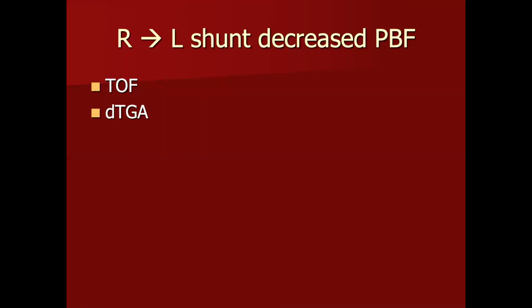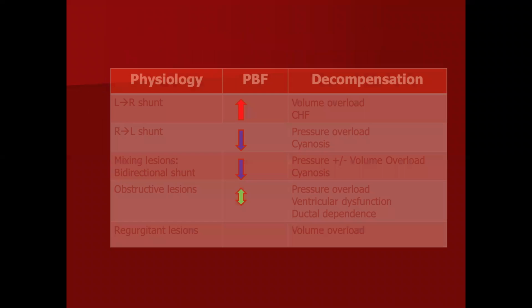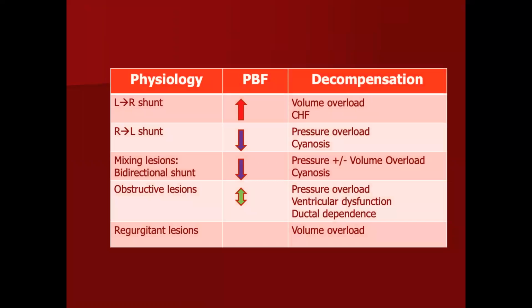Again, a simple way to remember is that a number of major cyanotic lesions will start with the letter T. Here is a table showing physiology, the effect on pulmonary blood flow, and how decompensation will be characterized.